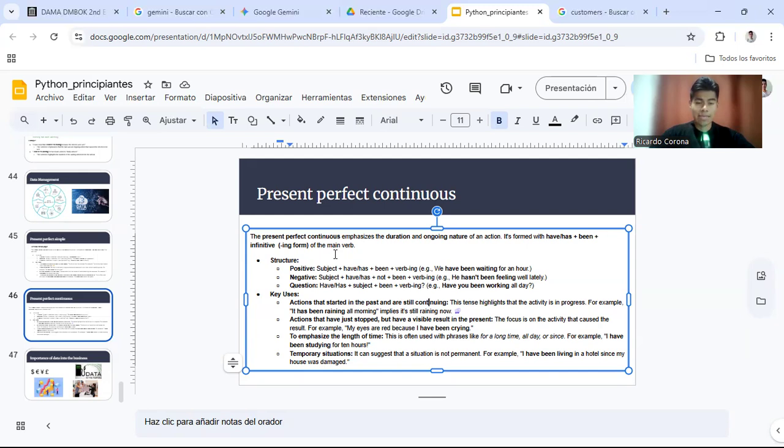For example, it has been raining all morning, or it has been shining all day, or it has been working all the morning.